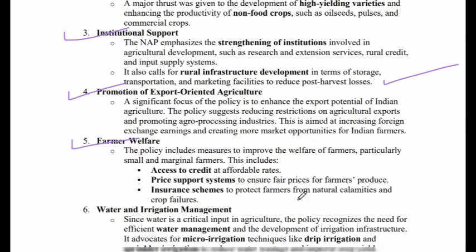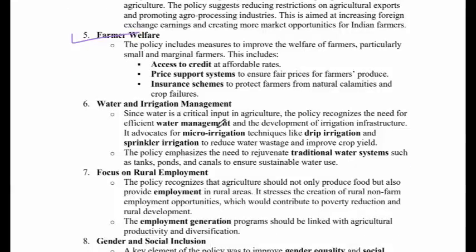Farmer welfare. The policy includes measures to improve the welfare of farmers, particularly the small and the marginal farmers. This includes access to credit at affordable rates, price support systems to ensure fair prices for farmers' produce, minimum support price, and insurance schemes to protect farmers from natural calamities and crop failures.